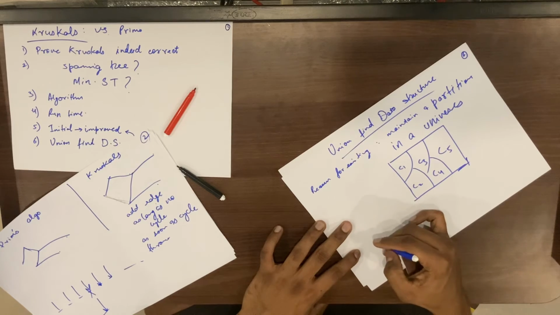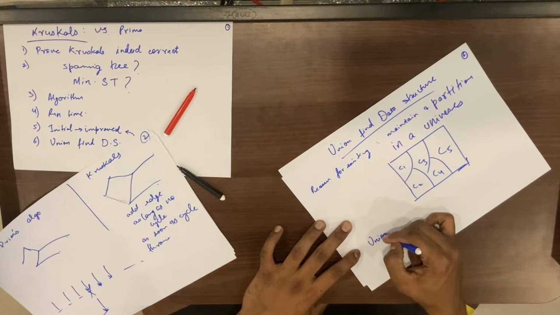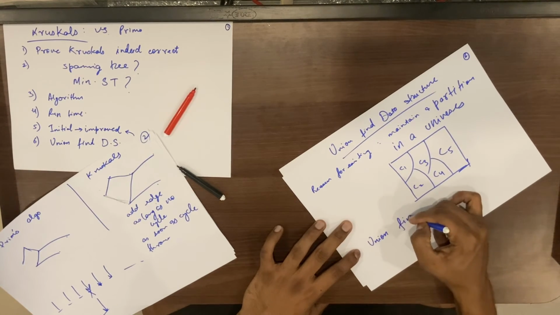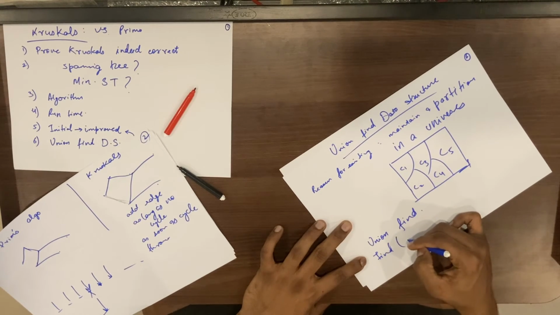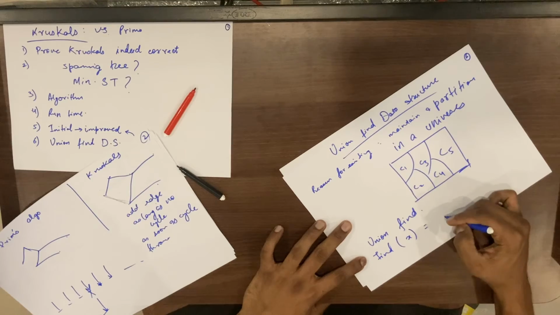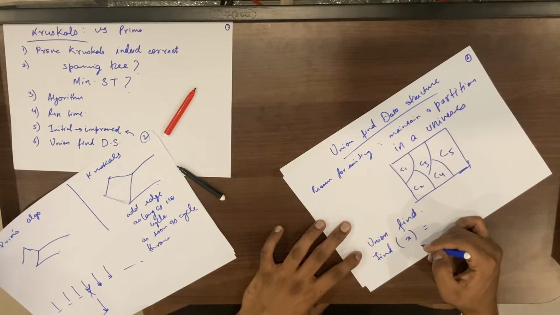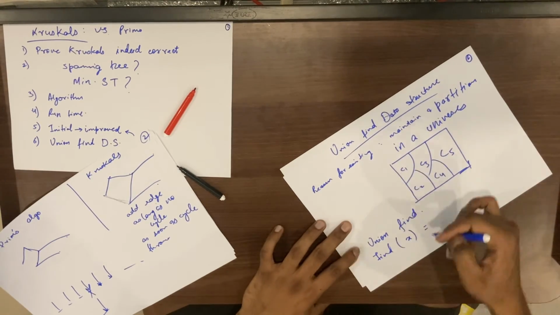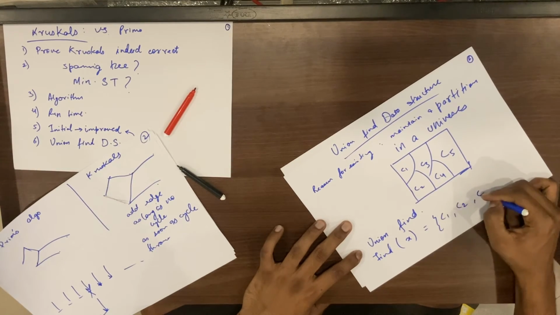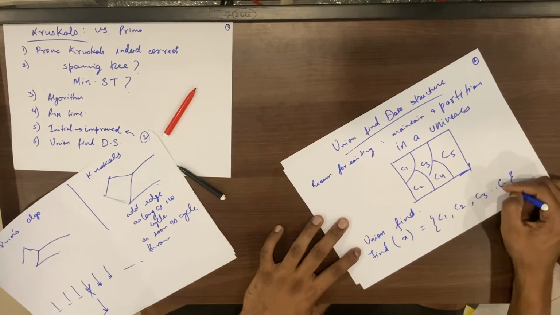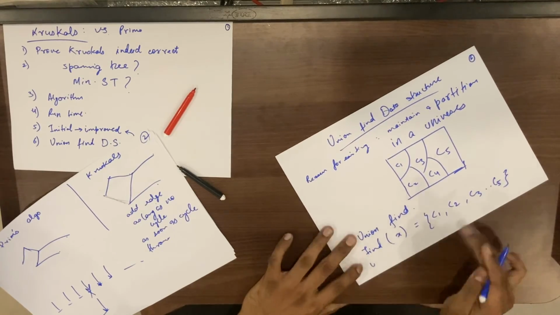Its operations are union and find. The find operation, when you pass it a node, let's say X, will tell me in which partition it lies. So it will tell me one of C1, C2, C3, C4 or C5.